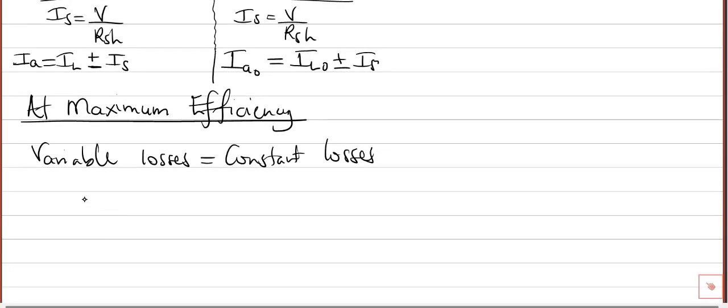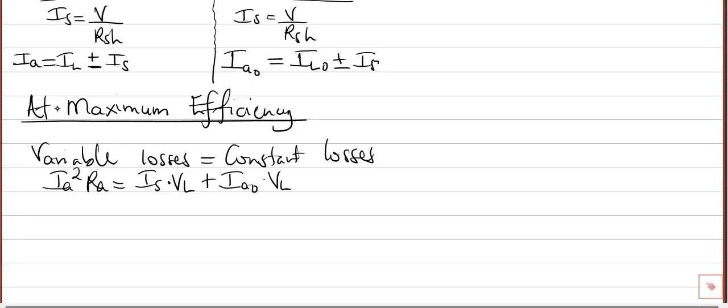For our variable losses we have copper losses IA squared RA equals our shunt losses plus our constant losses IAO times VL.